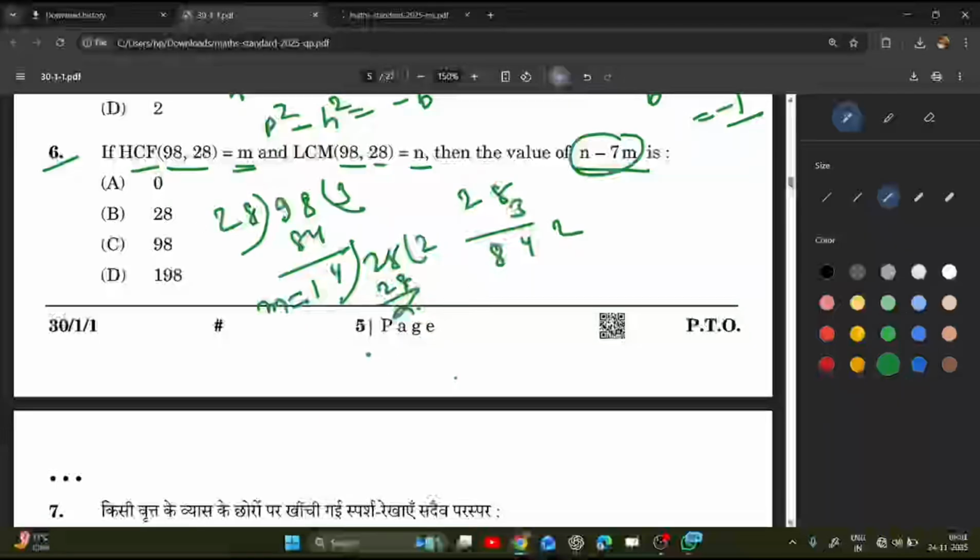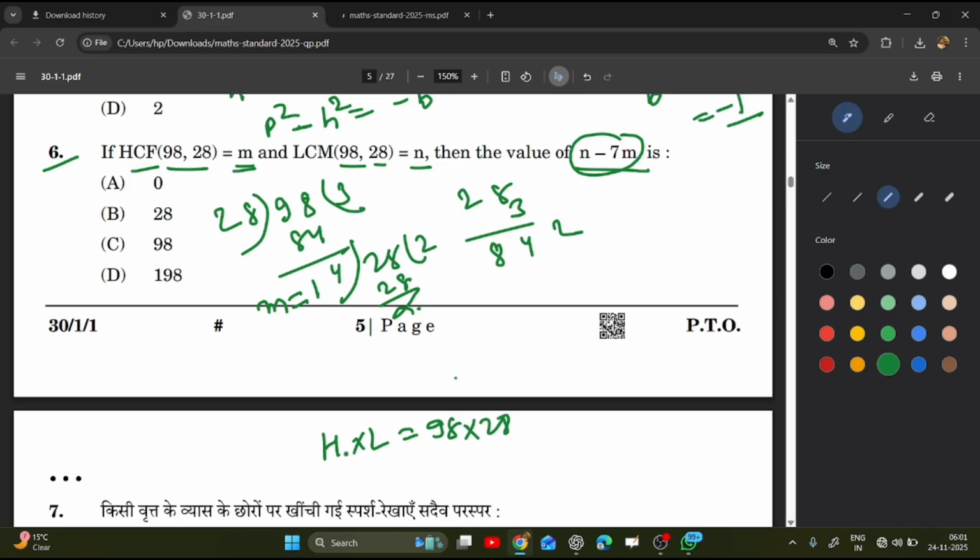Now similarly we can find the value of n, or you can use this formula: HCF into LCM is equal to 98 into 28.